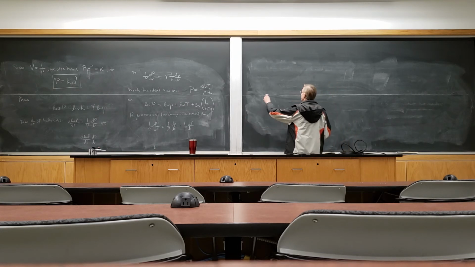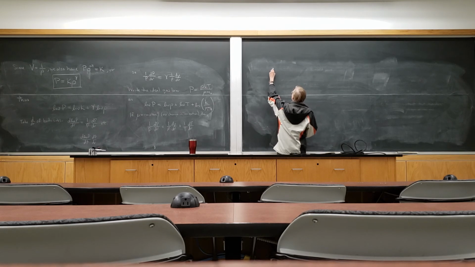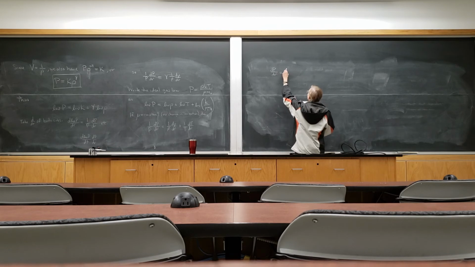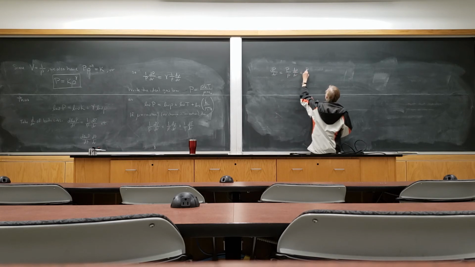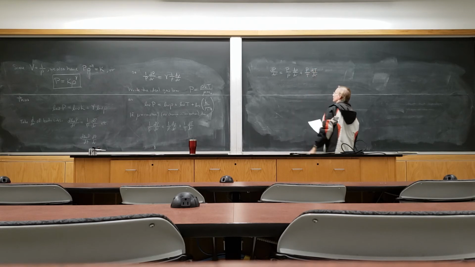So put another way, we can say that dP/dr is P over rho, just multiply through by P over rho, d rho/dr plus P over T dT/dr.